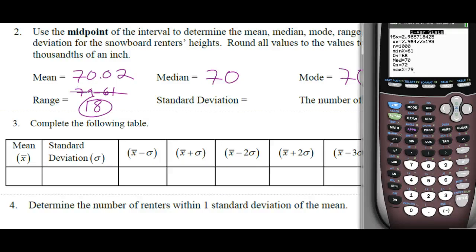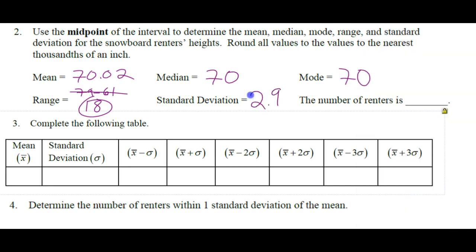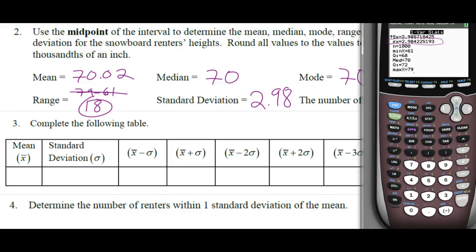Standard deviation, that's the little sigma. That's this guy. Okay, so 2.98. Let's go to 2 decimal places. And the number of renters is 1,000. That's our n value, okay? Now I'm going to assume we all have the same numbers, right? On a test or something, you should double check and make sure that your numbers are entered correctly.